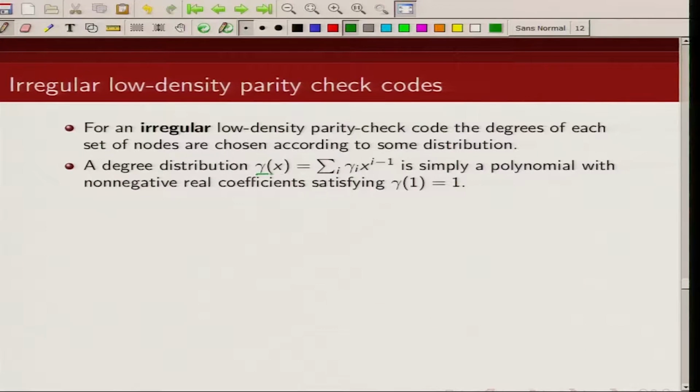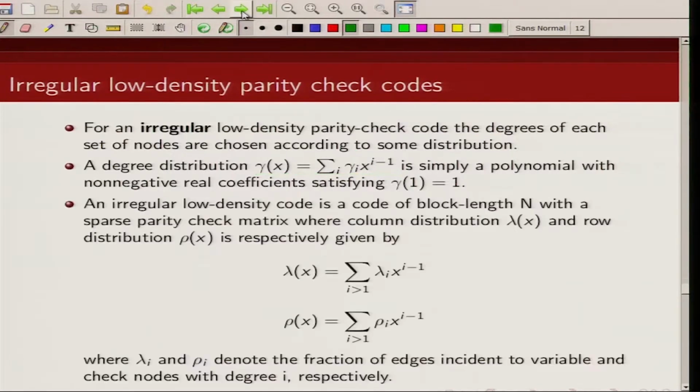We define the degree distribution by this polynomial, which has the property that gamma 1 is basically 1. So, these are the fraction of nodes with degree I. Now, for an irregular LDPC code, we have to specify two degree distributions. One is the column degree distribution, the other is the row degree distribution.